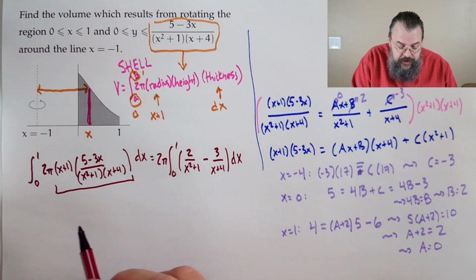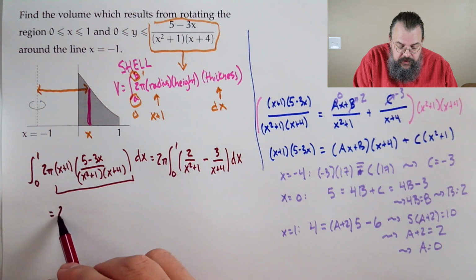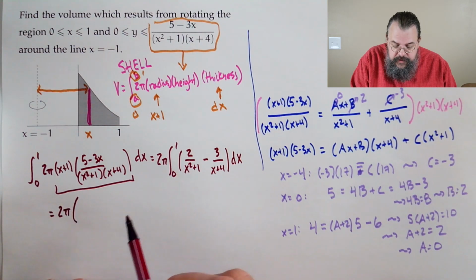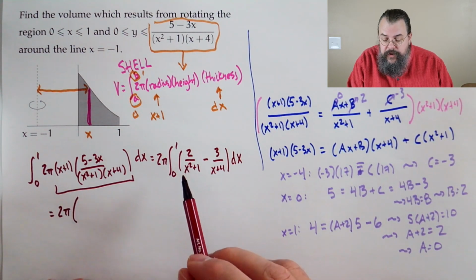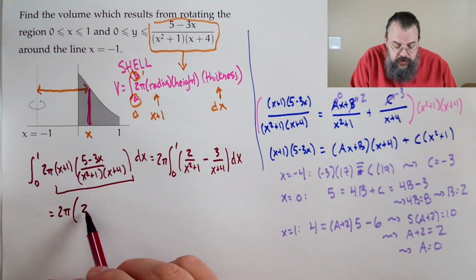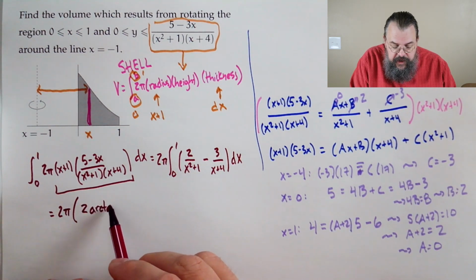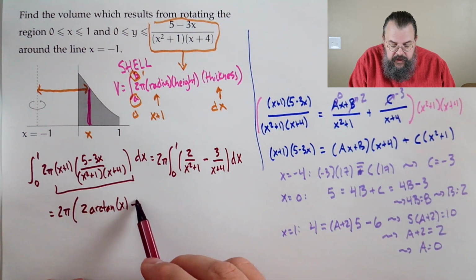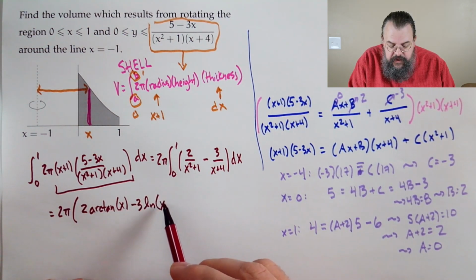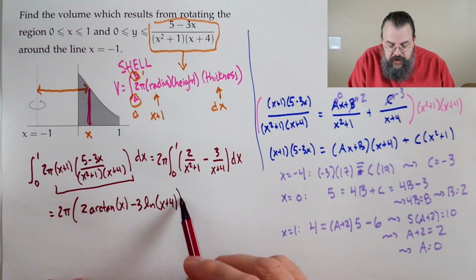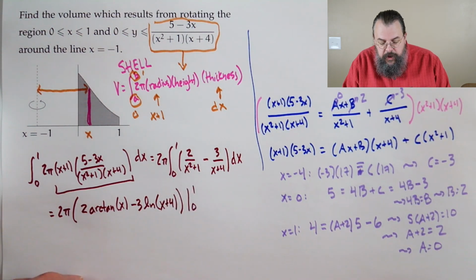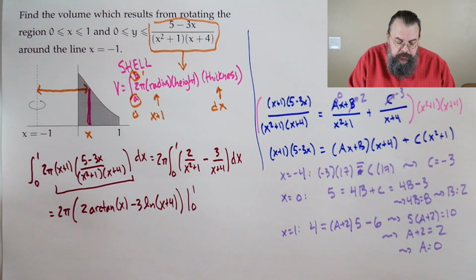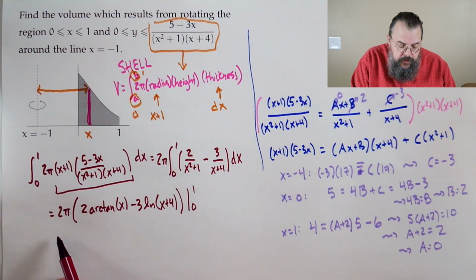Okay, so we have 2 pi, and the first part, the integral of 2 over x squared plus 1, is 2 arctangent of x. And then the second part is natural log of x plus 4. And we're going to go from 0 to 1. All right, well, so what is that?